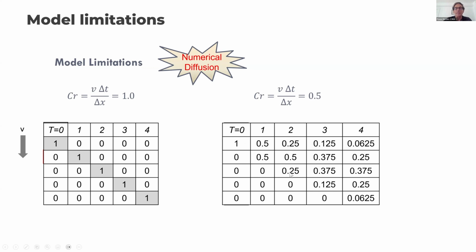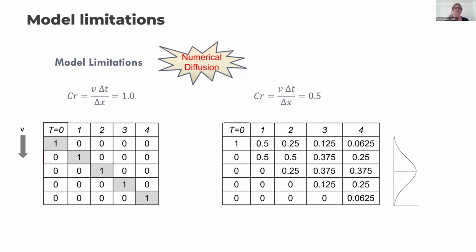So it will be 0.25, 0.25, and here 0.25, 0.25. Each one gives half, and again, and again, and again. So what the model does resembles a diffusion, you see? Although this model didn't have any diffusion. It was just the movement of the concentration along the channel, you see? So this is the reason why we have numerical diffusion.